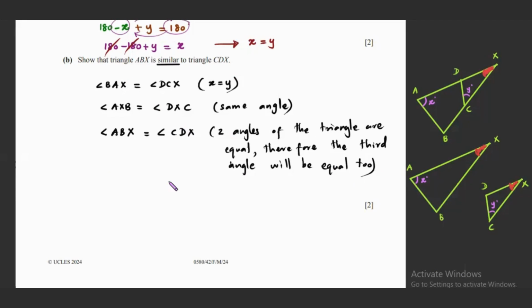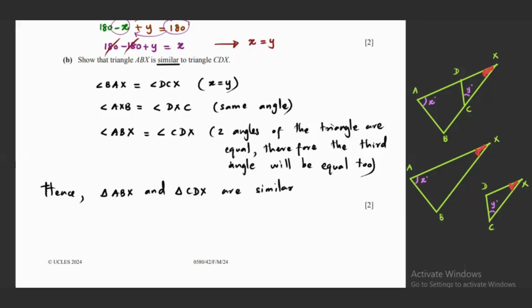Due to these reasons, I can say that triangle ABX, so I'll write it as hence, triangle ABX and triangle CDX are similar. So now we have proved that the two triangles, that is the larger triangle and the smaller triangle, are similar triangles. That is what we are expected to do here.